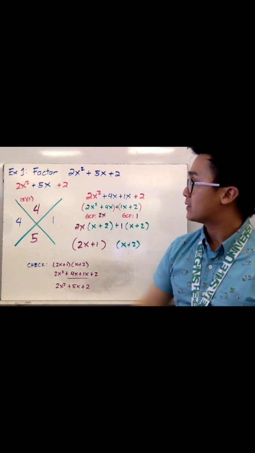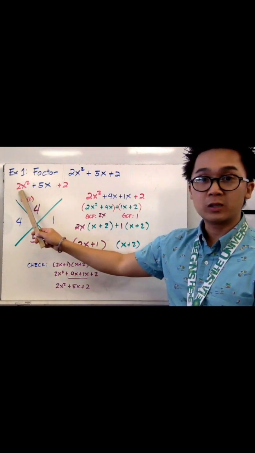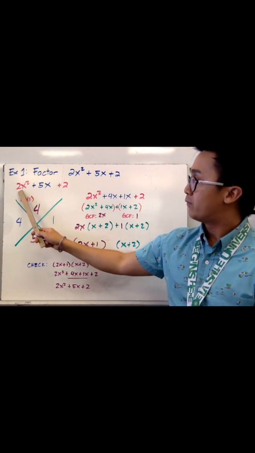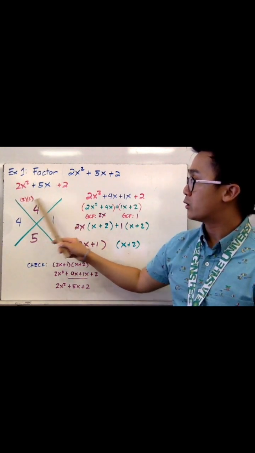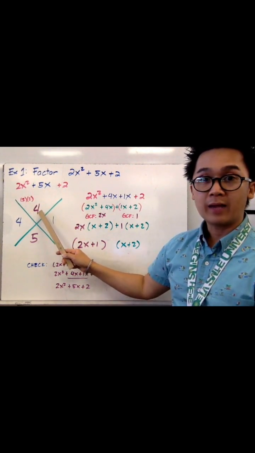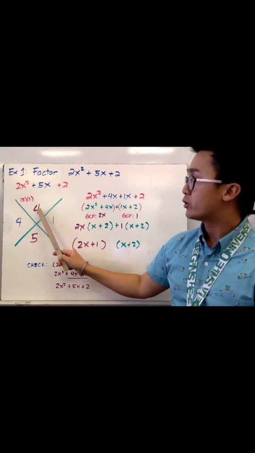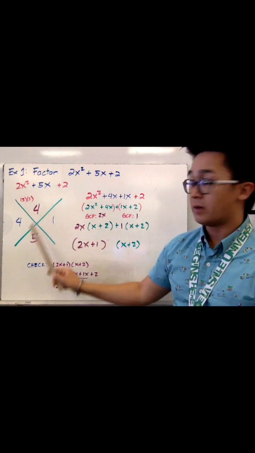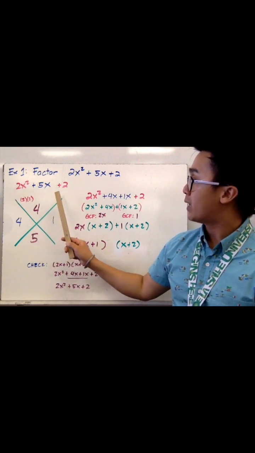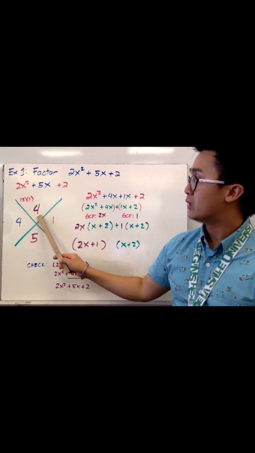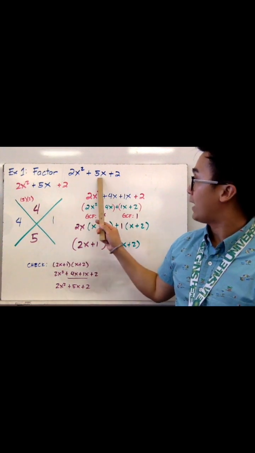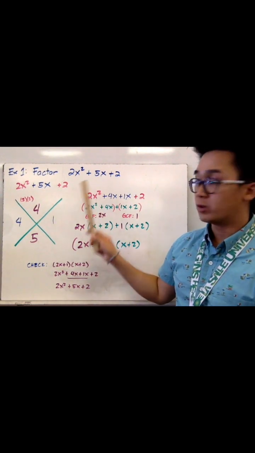So in this case, we're going to multiply our first term and our constant, so 2 times 2 is equal to 4. This is our new number for solving our puzzle: two numbers that multiply to 4 and add up to the middle term, which is 5.